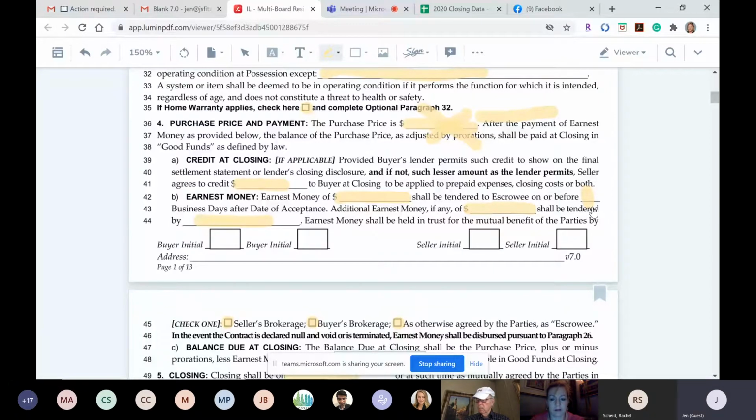And then the timing of that, it doesn't have to happen once you have all the signatures on the contract. You're going to have this balance tendered by, and usually people write within 2 days of AI.